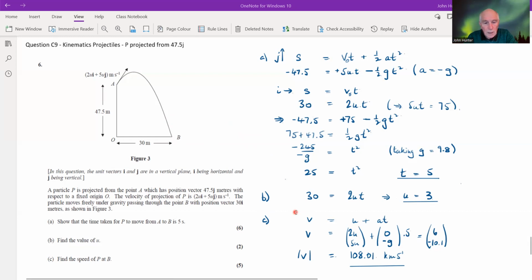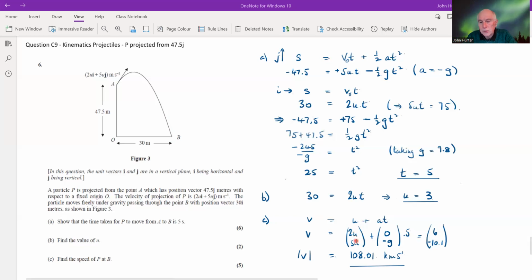Okay, and then from that vector, we would go away and calculate the actual scalar value by using Pythagoras. So if we're looking at the equation v equals u plus at, now this is the first time we've really written it as a vector. So u given is that. Now I've written this as a column vector, and I find it much easier to work with column vectors.